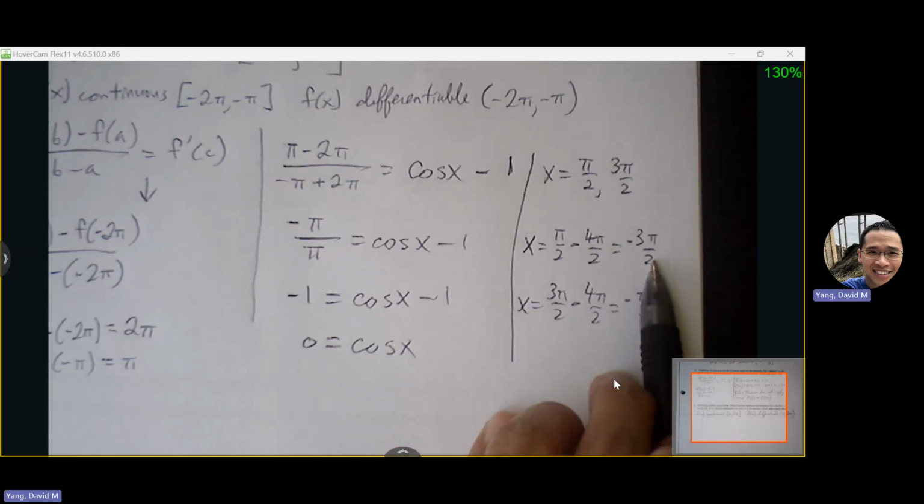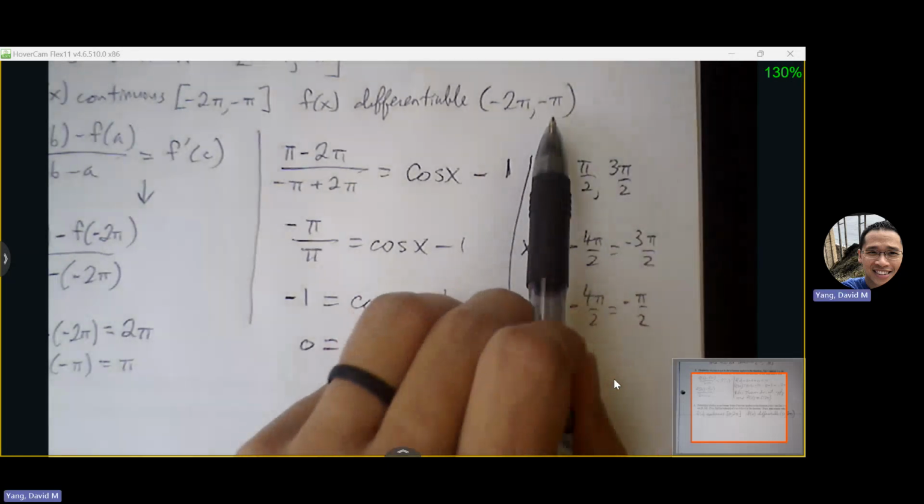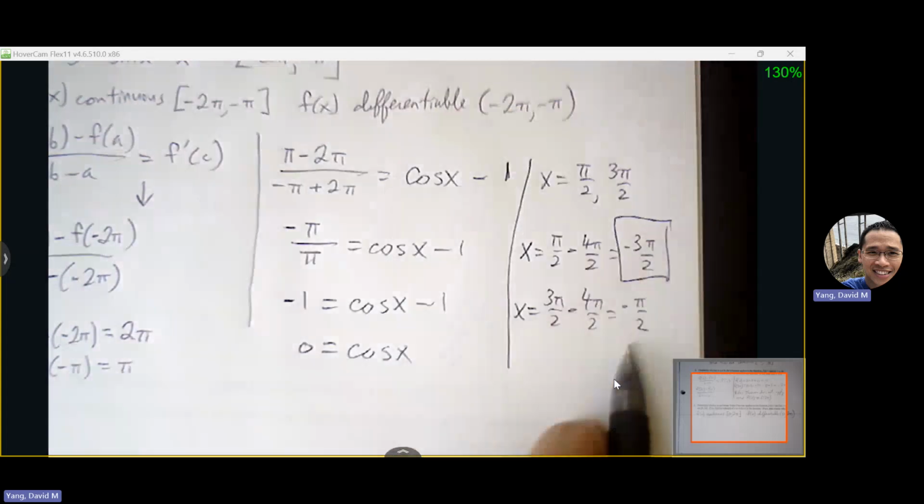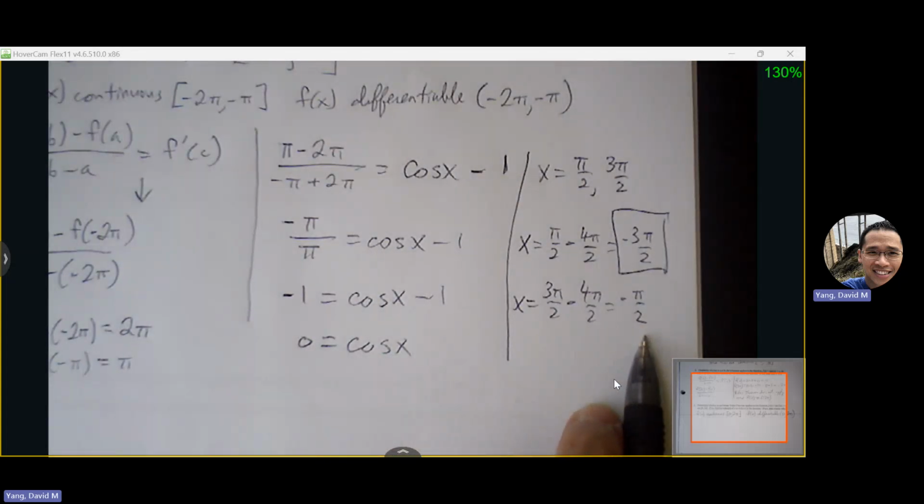So negative 1.5 pi will land nicely between negative pi and negative 2 pi. So I do have a solution that fits. Negative pi over 2 doesn't quite land in that interval.